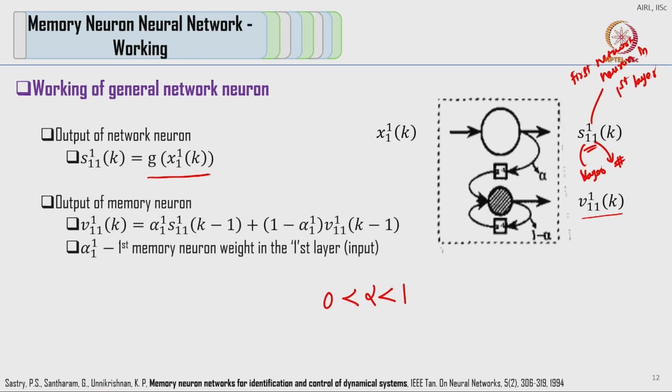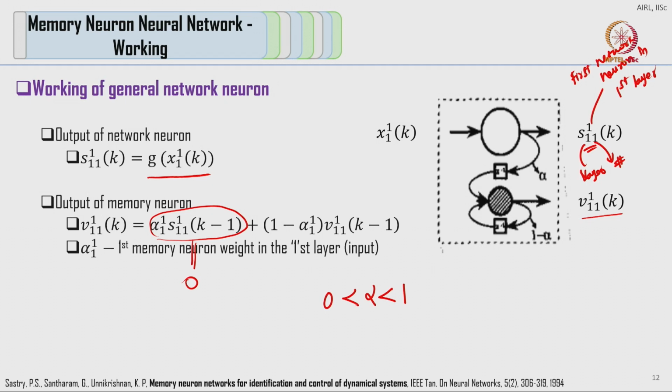Just think about it, if alpha is 0, then what will happen? This term is equal to 0, which means there is no information of the current input going to the memory neuron at all, and it acts more like a bias.